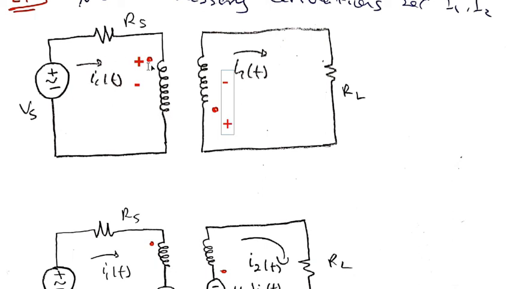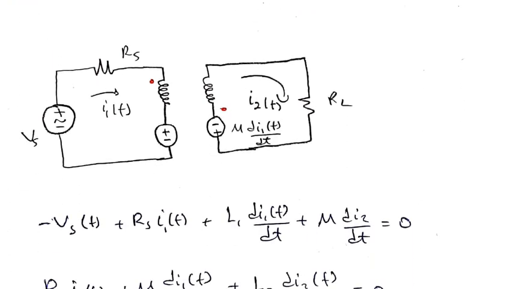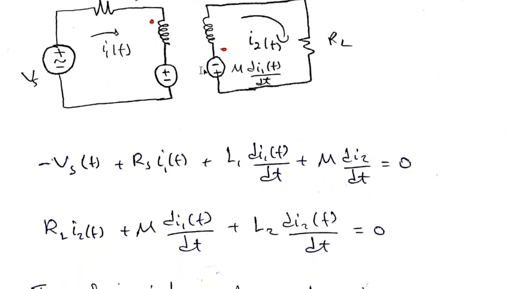The current is entering from the dotted terminal. The mutual terminal will have positive. The dot at the bottom of the coil will have plus, and this will have negative. Okay, primary side positive, negative, secondary side negative, positive.